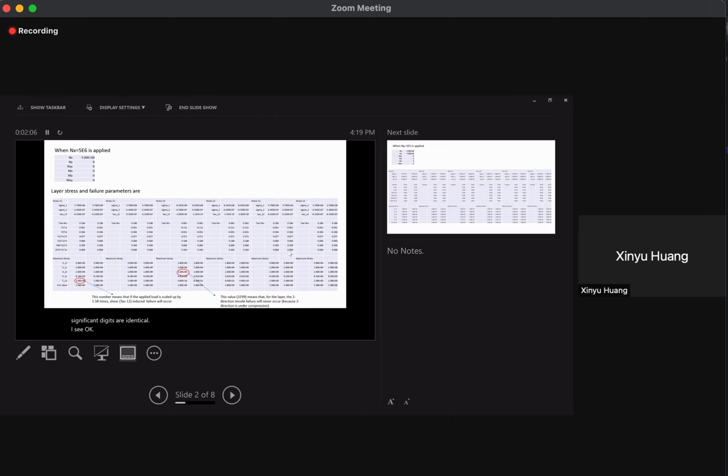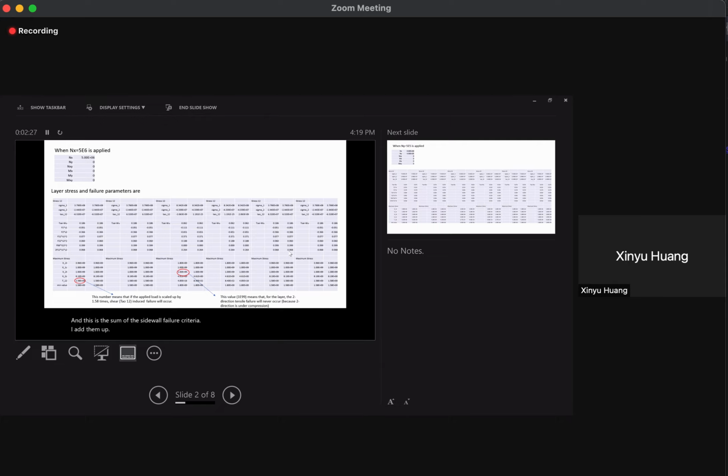All right, and then I just calculate the Cai Wu failure criteria. I take my parameter, multiply S1, parameter multiply S2, parameter S1 square. These are the terms in Cai Wu. And this is the sum of the Cai Wu failure criteria. I add them up.